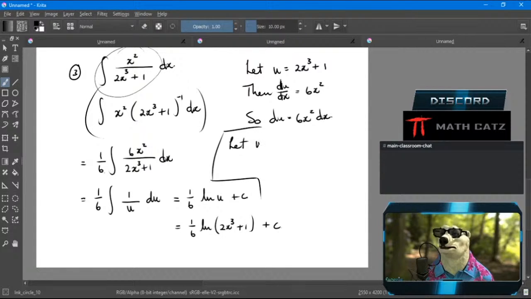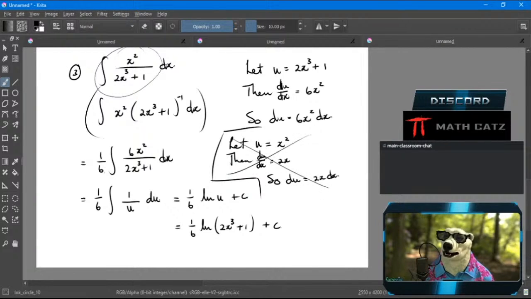Even if I guess randomly and I choose the top one, then the derivative is going to be 2x, and so I separate them, 2x dx. You see there's nothing in this key that helps me with a denominator of 2x cubed plus 1. That is not helpful. It's a substitution, it's a choice, but it's not one that helps me in this case.